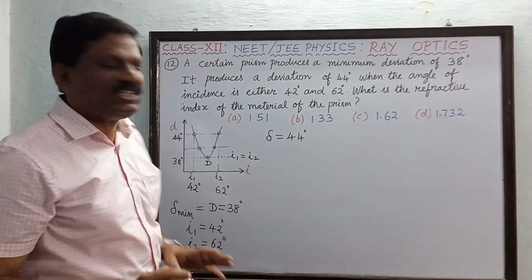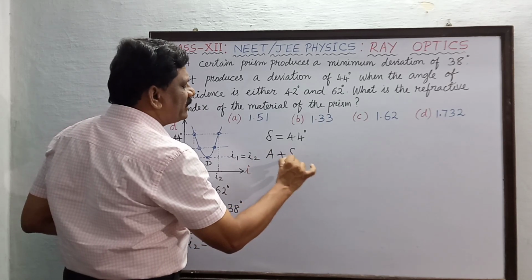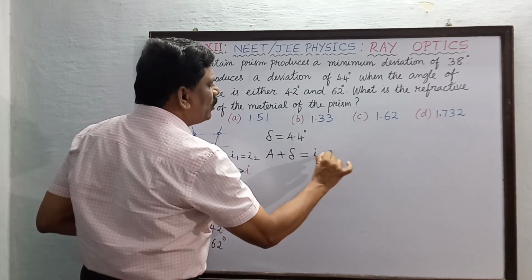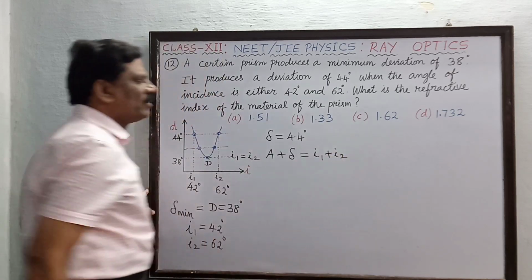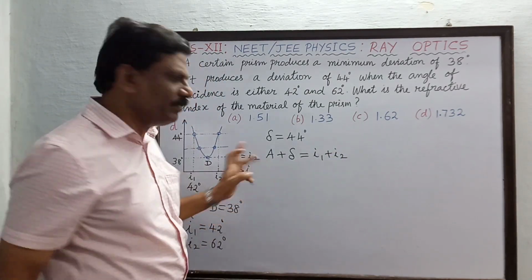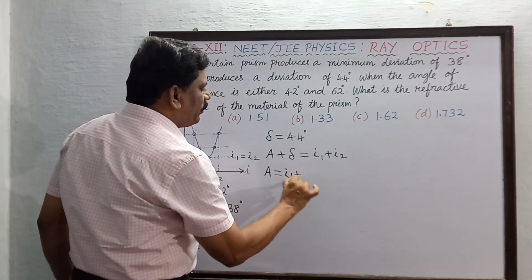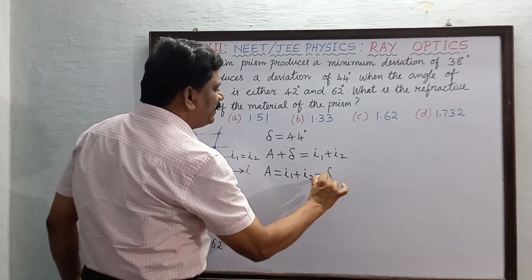Now there is a relation connecting the angle of the prism and the deviation: A plus D is equal to i1 plus i2. From this equation we can find the value of the angle of the prism. So A must be equal to i1 plus i2 minus deviation.